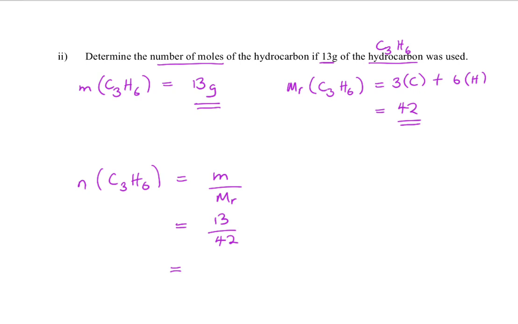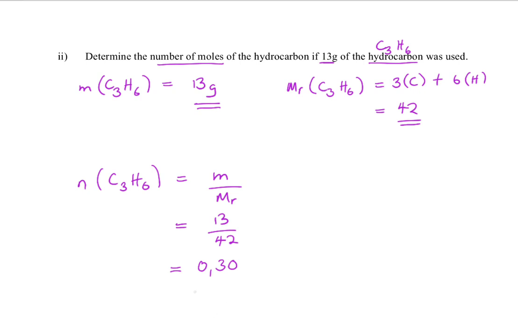So we punch that into our calculator: 13 divided by 42, then we get 0.30.